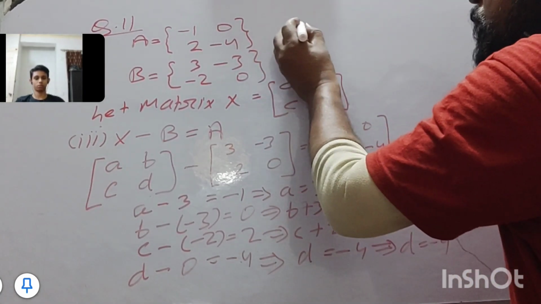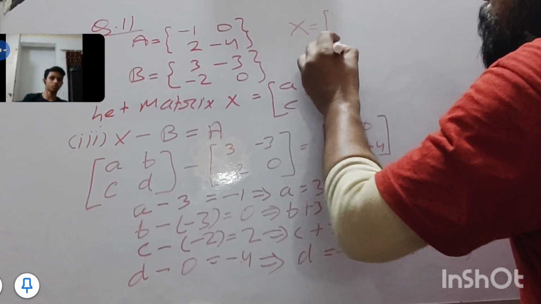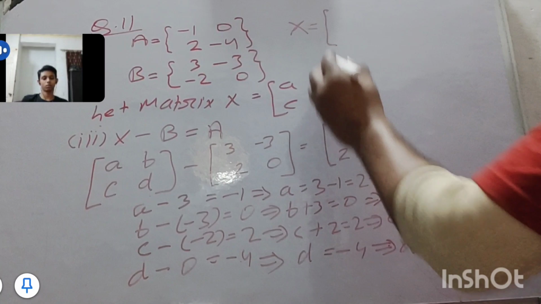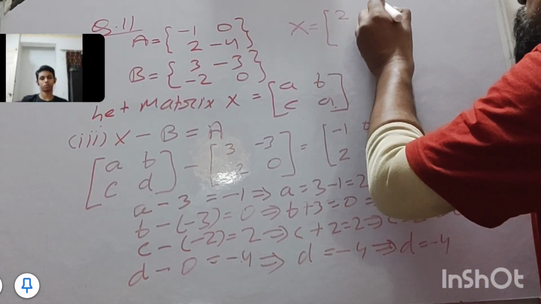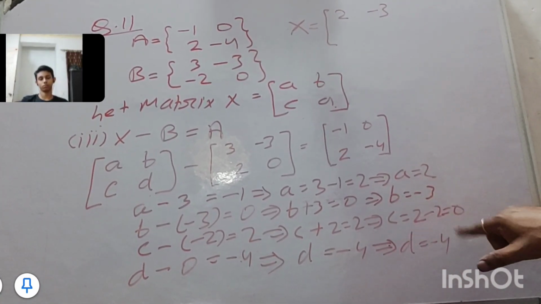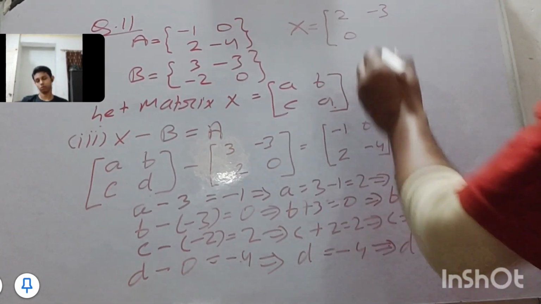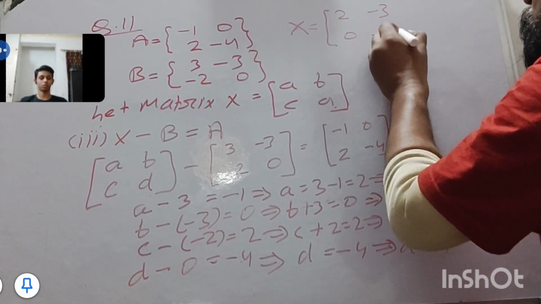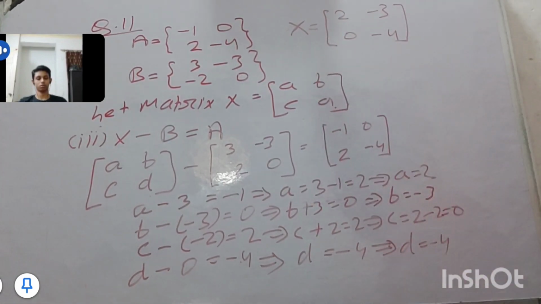So now matrix X is equal to [2, -3; 0, -4].